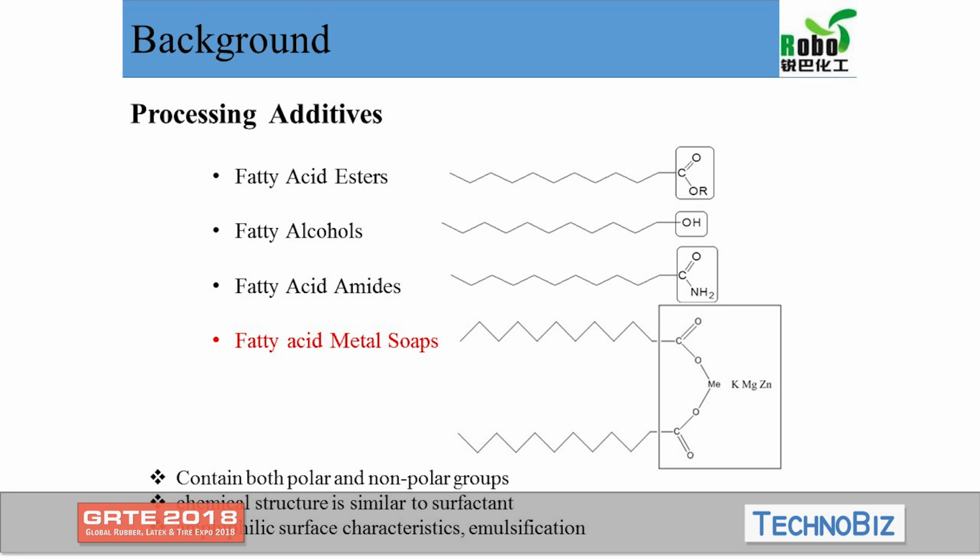For this reason, we developed magnesium soap, and we will compare it with zinc soap and potassium soap. By the way, all the metal soaps are produced by the reaction between fatty acid and metal oxide or metal hydroxide.